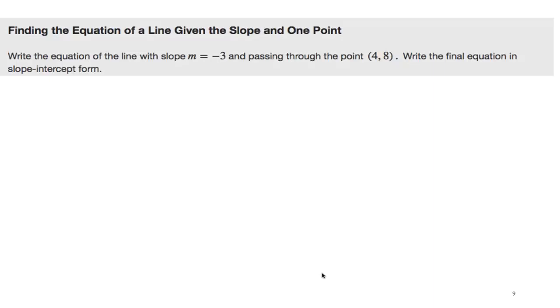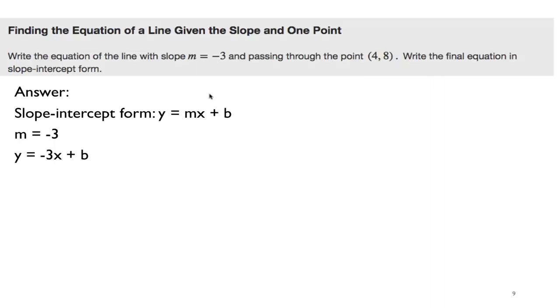Okay, in fact, this last example is very important to what we're going to do this week, which is that if I know the slope and I know that it passes through a certain point, I can find the equation in slope-intercept form. The slope-intercept form is the equation y is equal to mx plus b. I need to find what m is, what b is, to find my function. In this case, the slope is negative 3, so m is negative 3. So I plug negative 3 into the function.